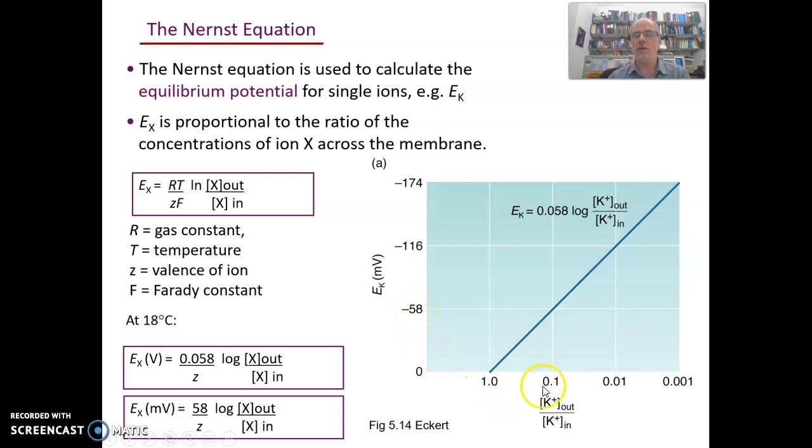So if we go from 1 to 0.1, you get a minus 58 millivolt increase. If there's another 10-fold increase in the difference in the concentration of potassium across the membrane, it goes up by another minus 58 millivolt, up to minus 116, and so on and so forth. So once again, the Nernst equation allows us to calculate the contribution of individual ions to the resting membrane potential of a cell.